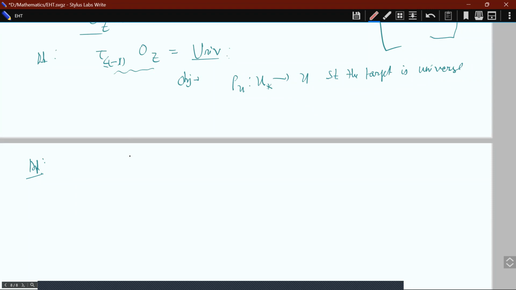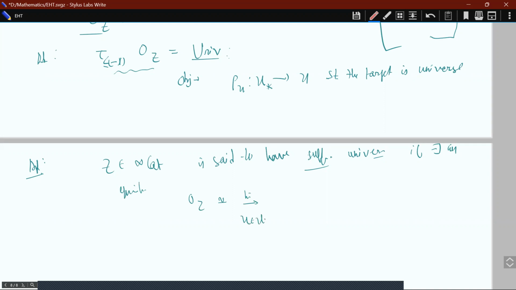Again, you take an infinity category Z. It is said to have sufficient universes if there exists an equivalence of the following form. U is a universe.